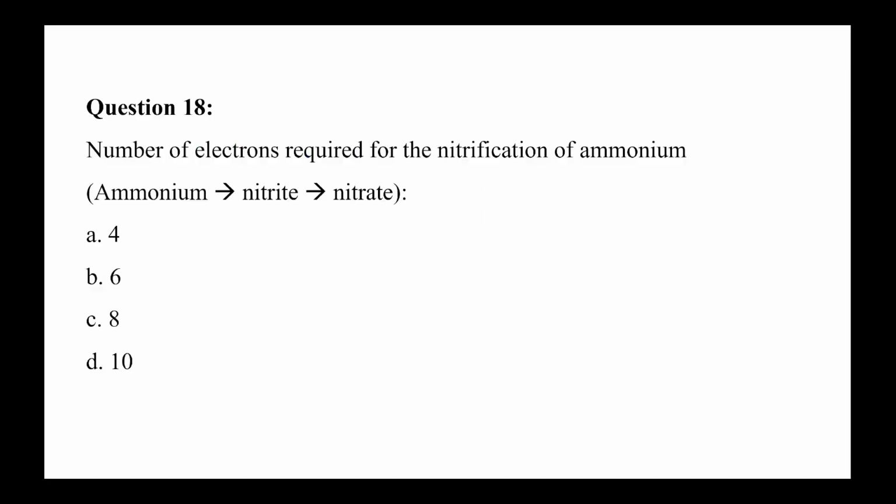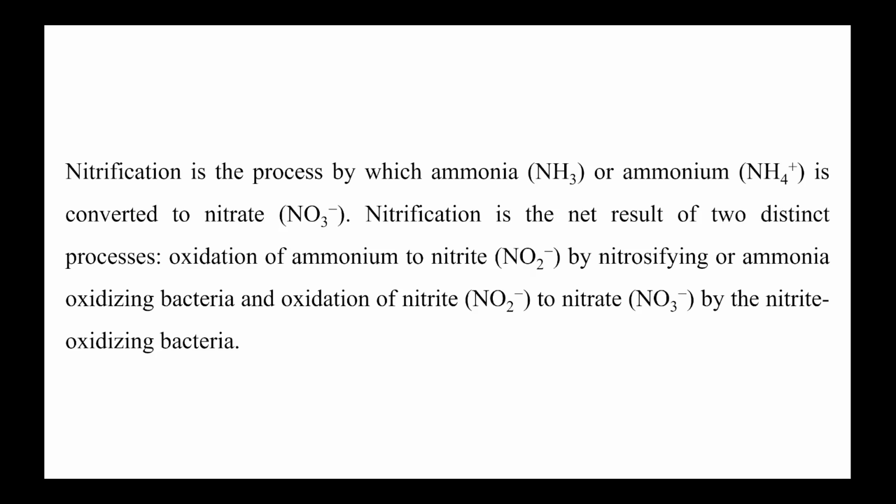The correct answer is option C. Nitrification is the process by which ammonia and ammonium is converted to nitrate, as I've already mentioned. Nitrification is the net result of two distinct processes.